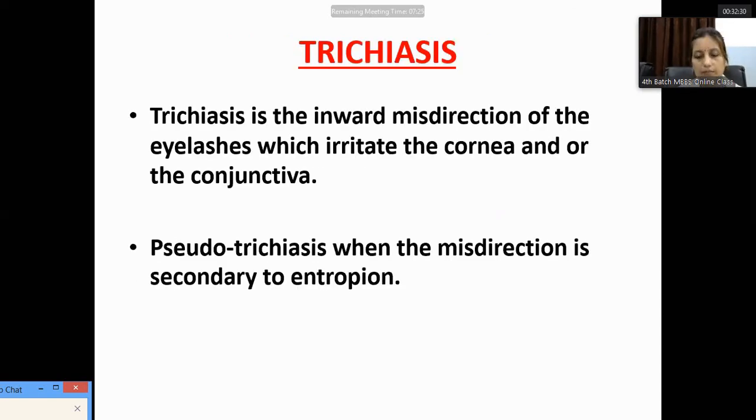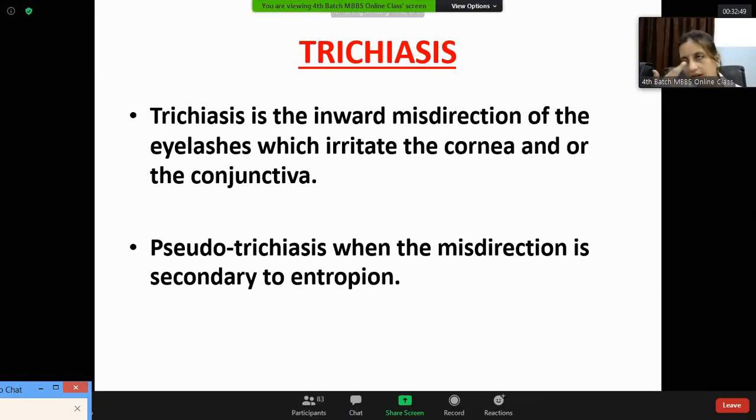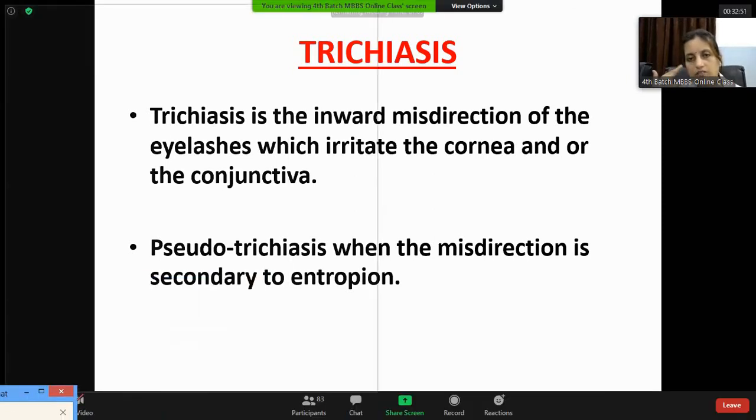Trichiasis is another common condition. It is misdirection of the eyelashes which irritates the cornea and the conjunctiva. Pseudotrichiasis is when the misdirection is secondary to entropion. In entropion, the whole lid margin is rolled inward, so the lashes touch the globe.